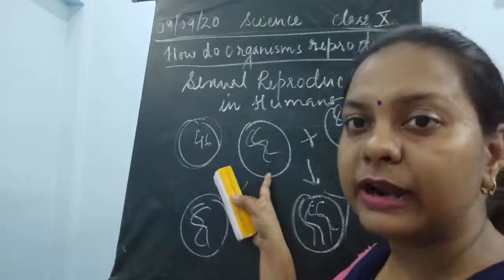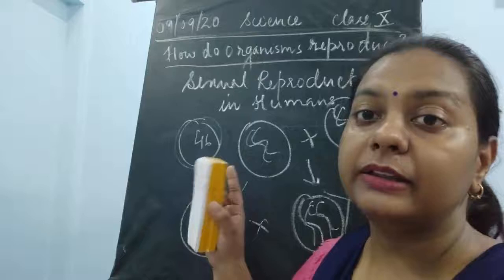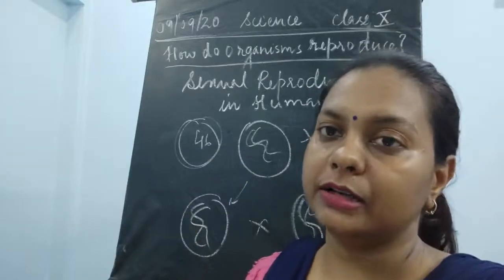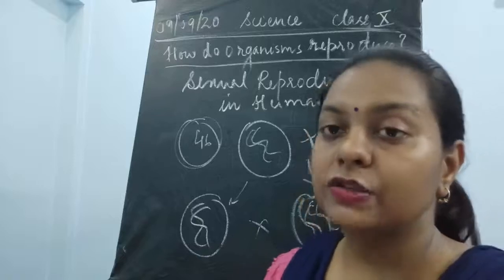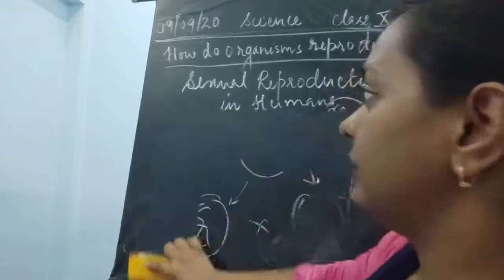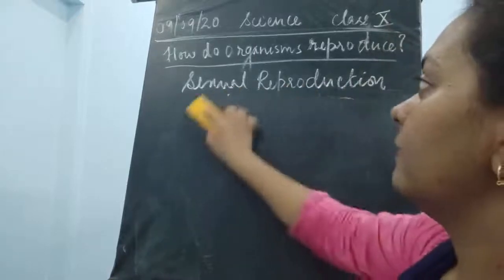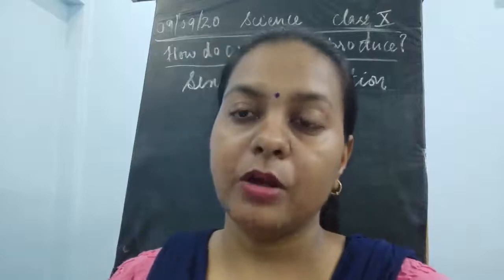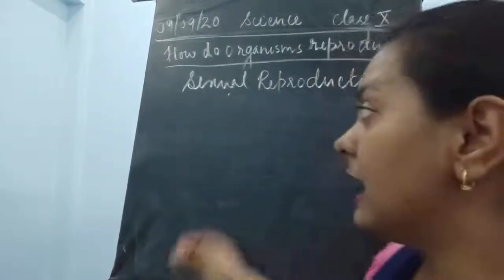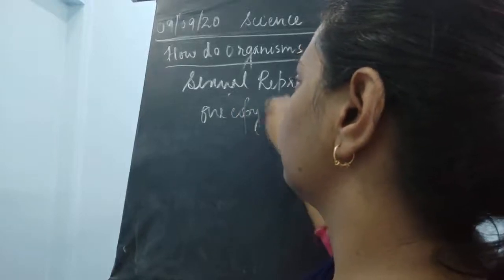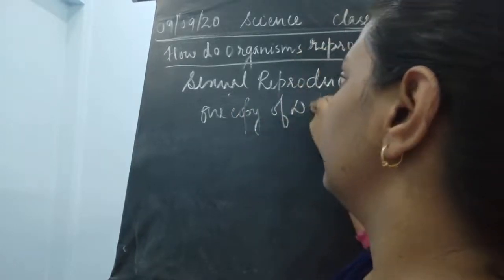I mean, the double-stranded DNA is there, but there are certain cells which do not have the double-stranded DNA, children. So some cells are different in nature because they do not contain this double-stranded DNA. They have only one copy of DNA.